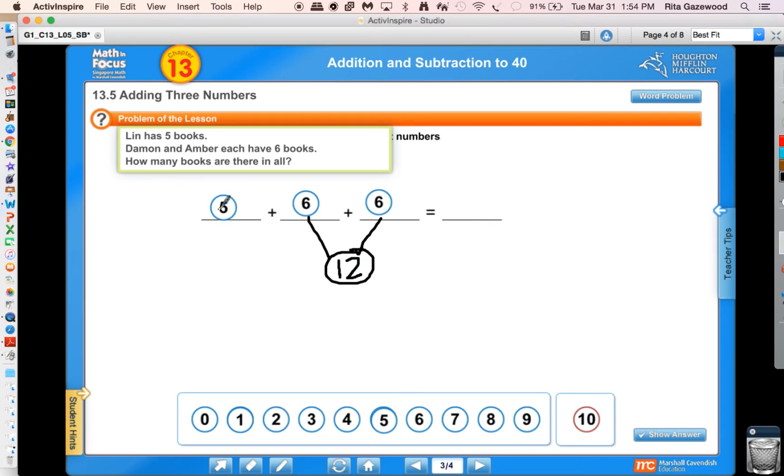So we have 5 plus 12. So 5 plus 12 equals, that's right, 17. So both ways we solve this problem, we come up with the answer 17.